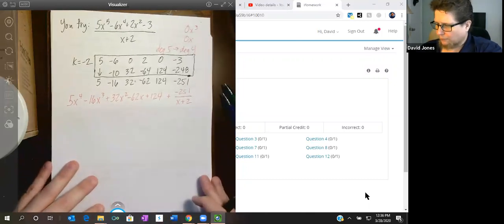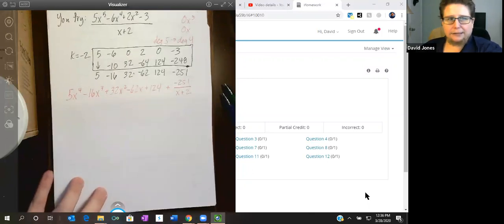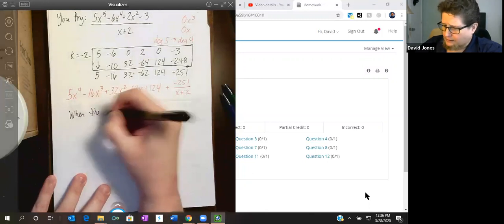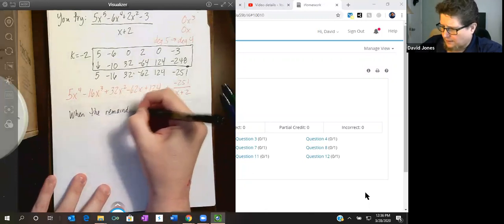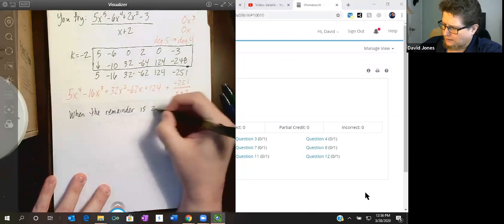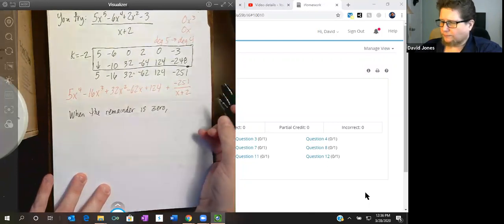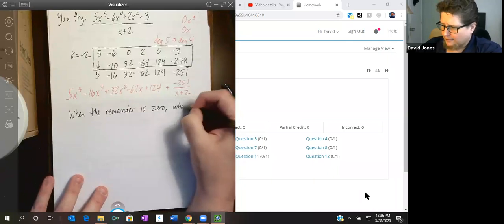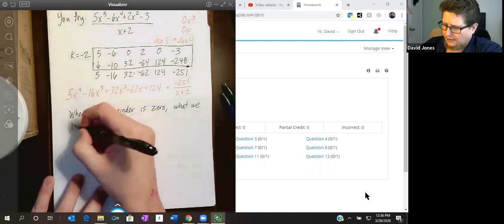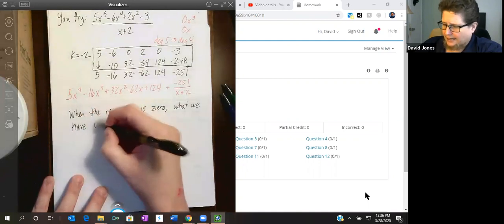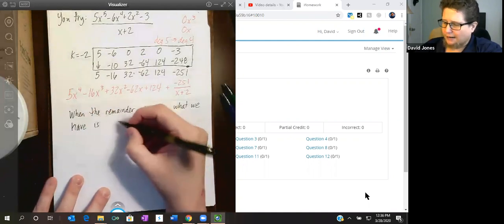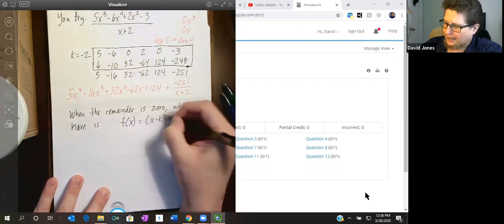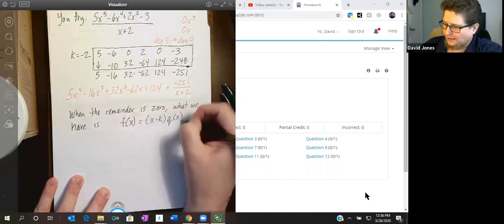While I have a little blank room on this page, I am going to point out something. When the remainder is 0, I can instead write f of x equals x minus k times q of x.